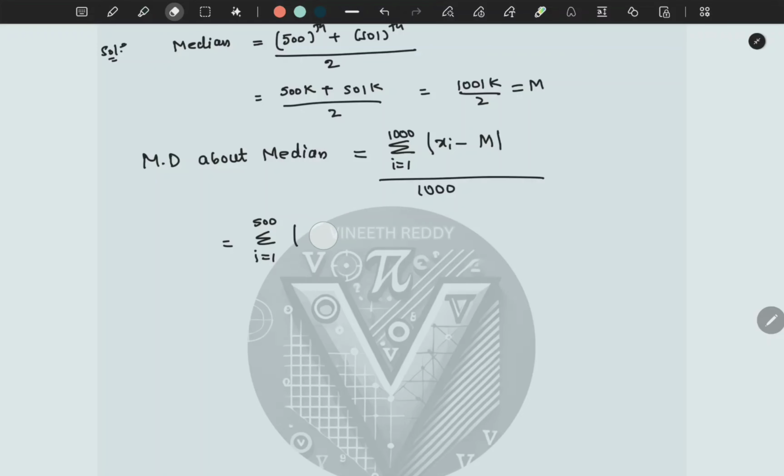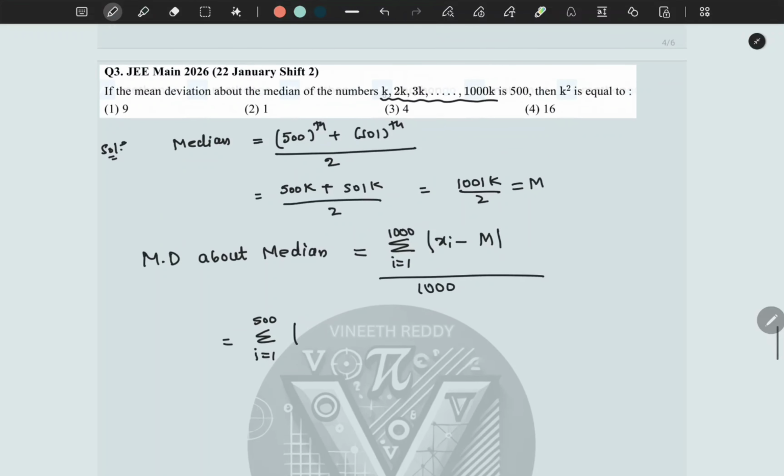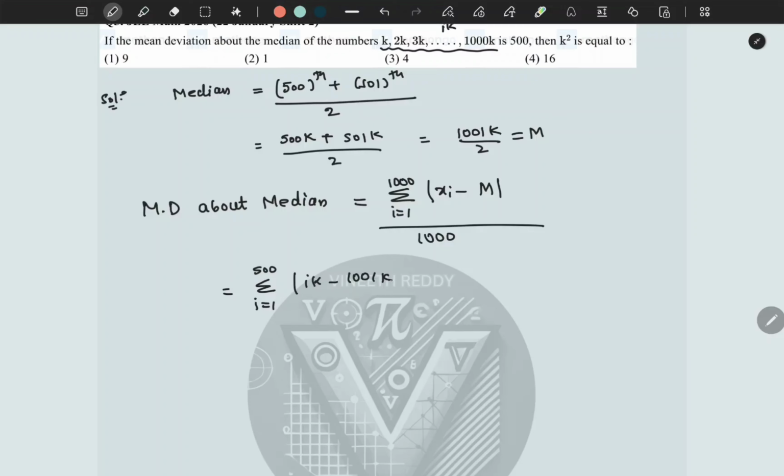Instead of xi, the observations are k, 2k, 3k, so any general observation will be of the form ik. Instead of xi, let me write mod ik minus 1001k divided by 2, divided by 1000, plus sigma i equals 501 to 1000 of mod ik minus 1001k divided by 2.